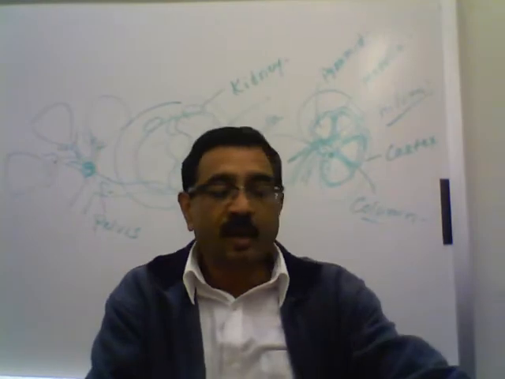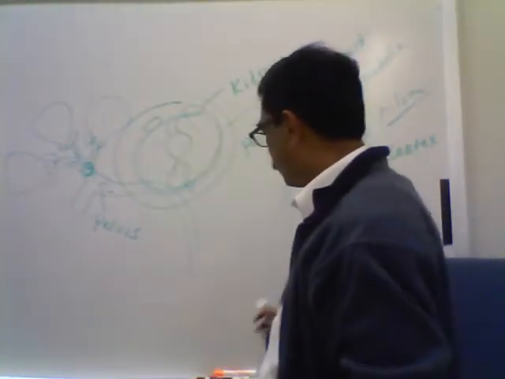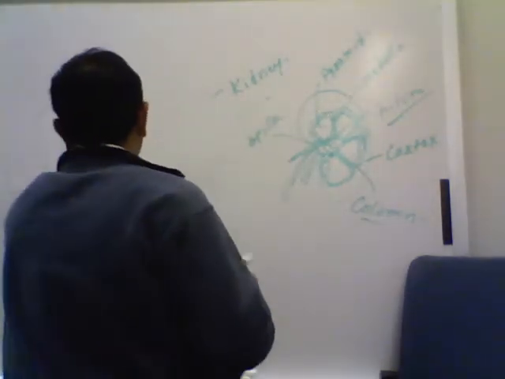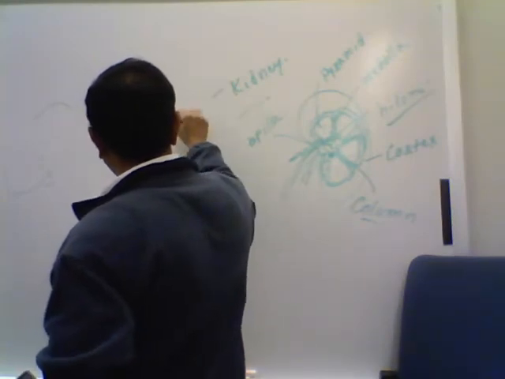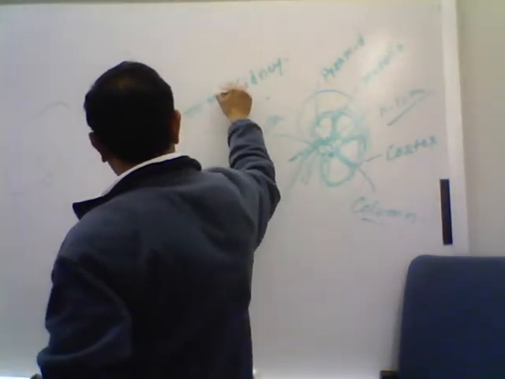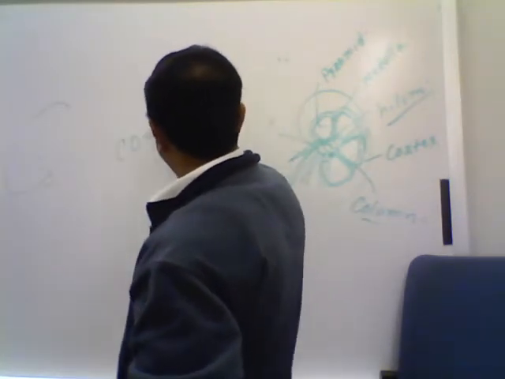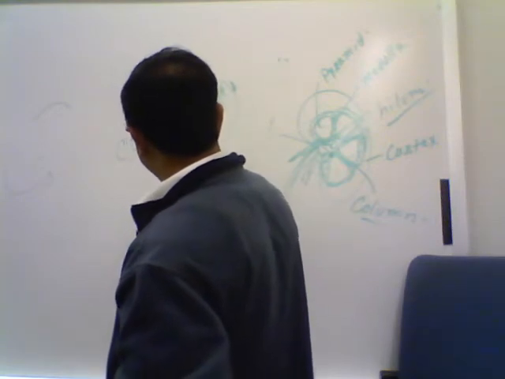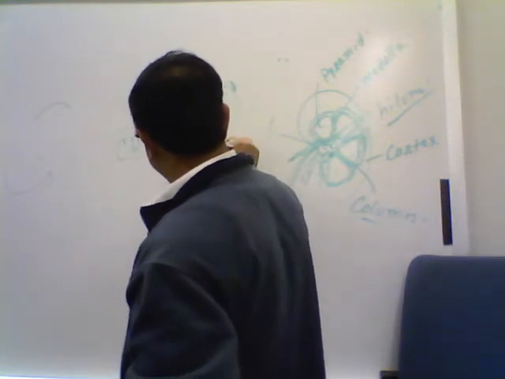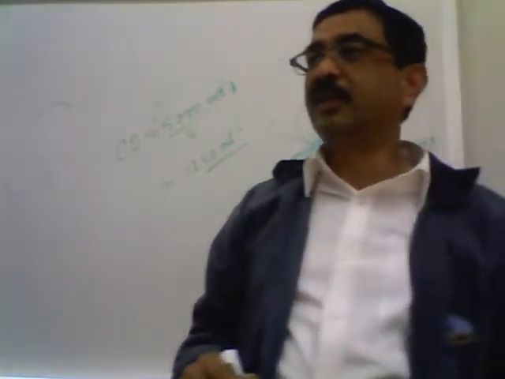If your cardiac output, we know that our cardiac output is about 5 liters. That means cardiac output is about 5 liter or 5,000 milliliter, and about 1/4 of that blood enters into the kidney. That means 1250 milliliter, right? 1/4 of that enters into the kidney.